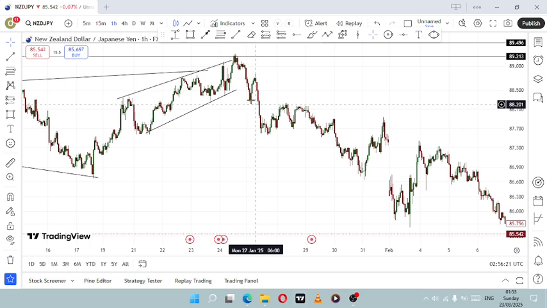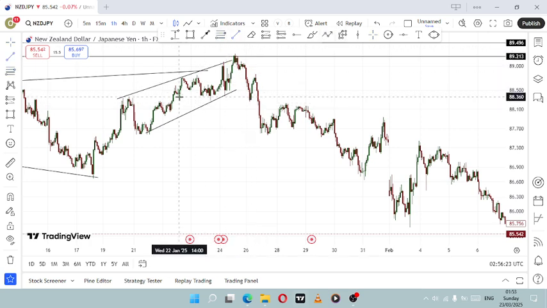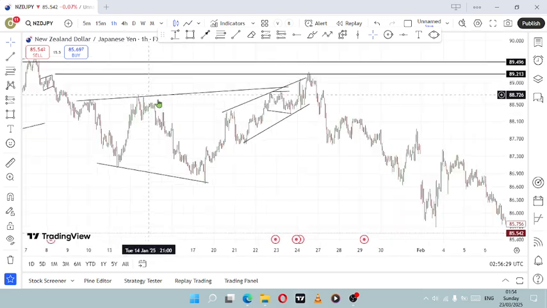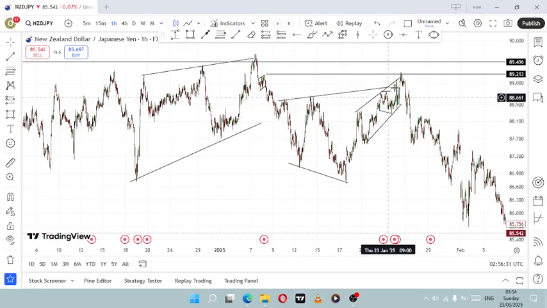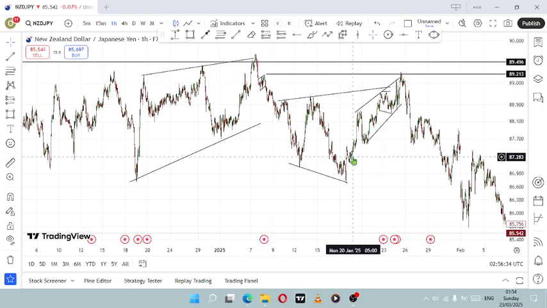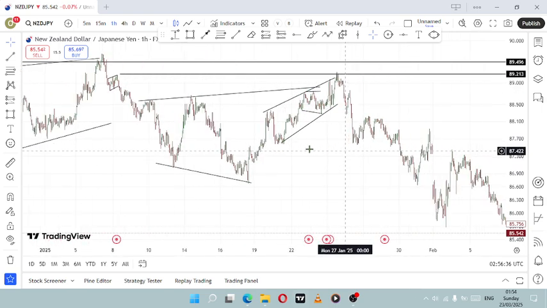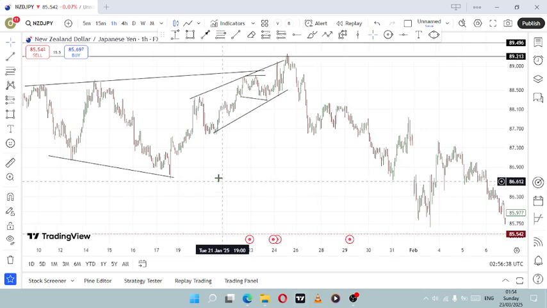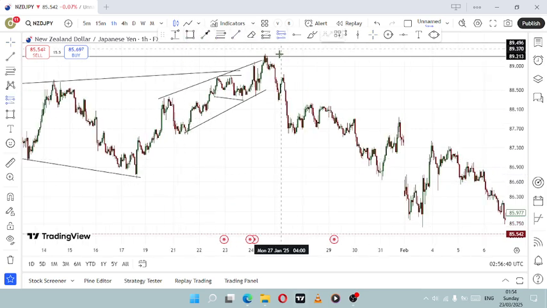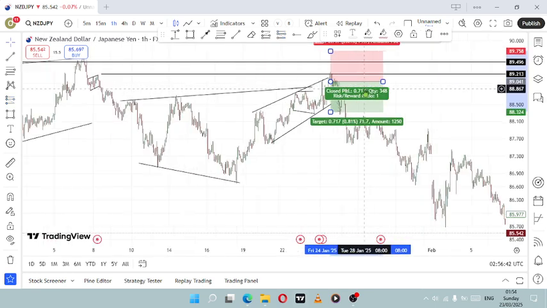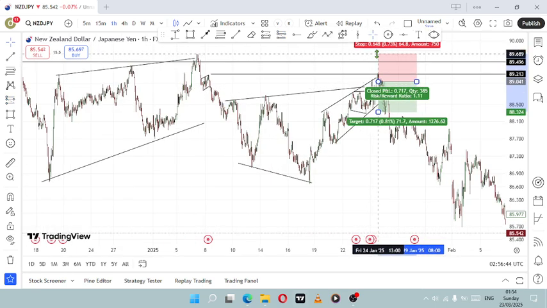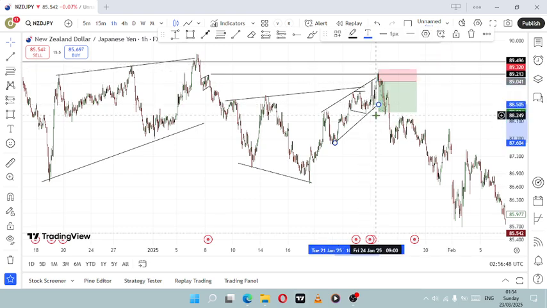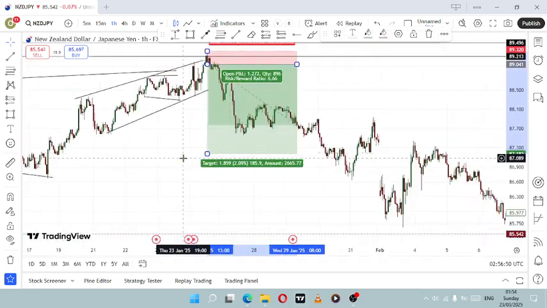So if we're 4 hour structured, then it means volume. With a 4 hour structure, I can take a risk entry on the 1 hour here. Put my stop above the highs, and then I target the lows.